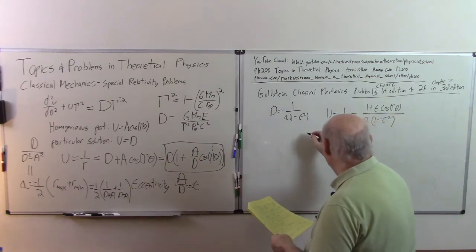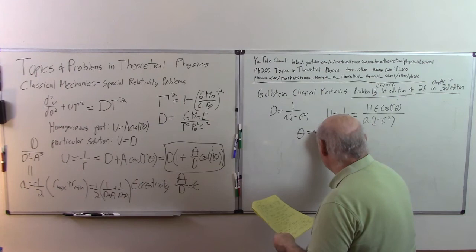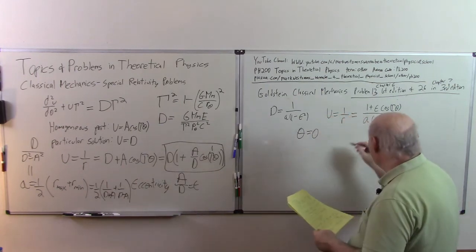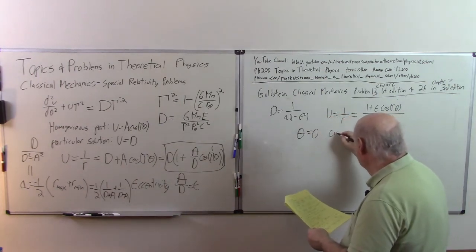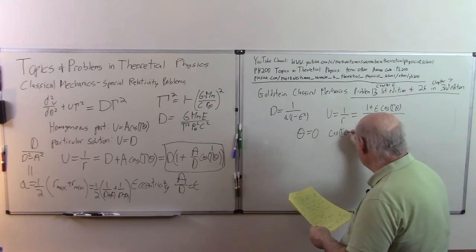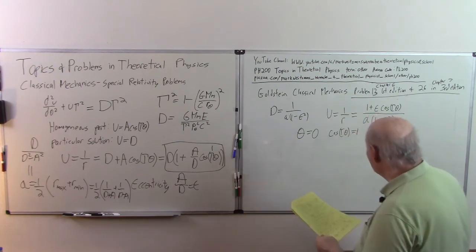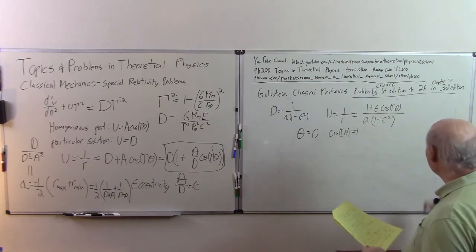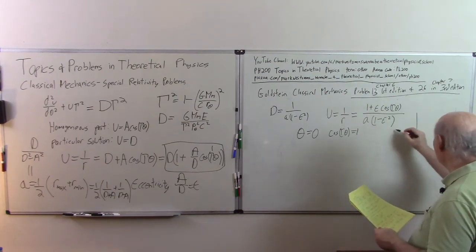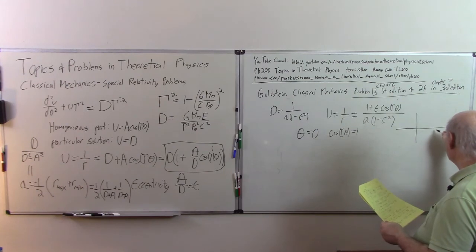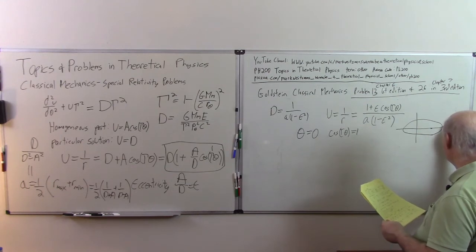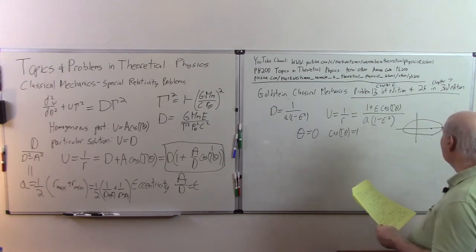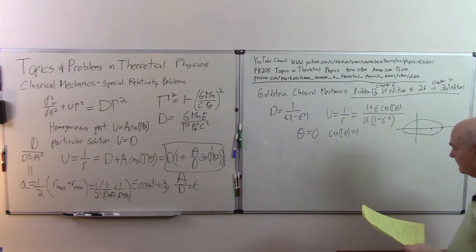So when theta equals 0, we have cosine gamma theta equals 1. So that's sort of like the maximum for our, let's say this is, I'm not good at drawing ellipses, that's for sure. Let's say this is the focus. So that's where we are when theta equals 0.